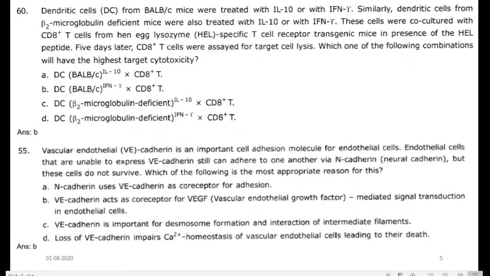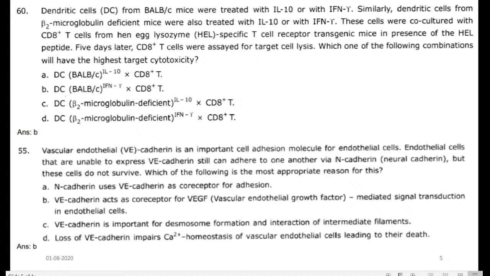But here they provide the statement: endothelial cells are not able to express VE-cadherin, yet can still adhere to one another via N-cadherin. So these endothelial cells are not able to express vascular endothelial cadherin, but they make adhesion with the help of N-cadherin. But these cells do not survive. They are only attached on the cell surface but not able to survive. Why? What is the appropriate reason for this?